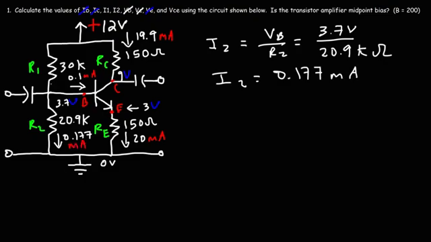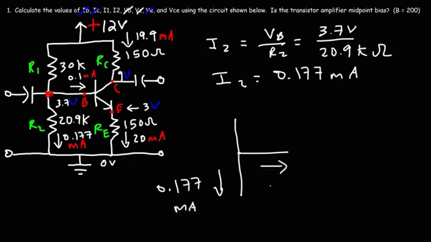So now let's think about this point, which is equivalent to point B. So at that point, we have a current of 0.177 milliamps going in that direction, and a current of 0.1 milliamps leaving that junction as well. So the current that's entering this junction, point B, is the sum of those two currents.